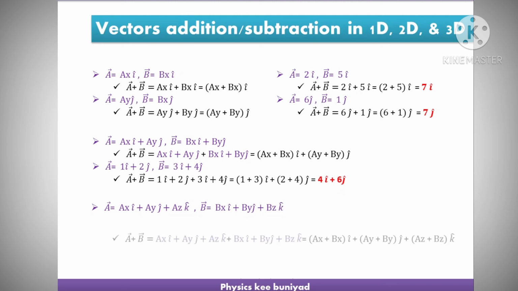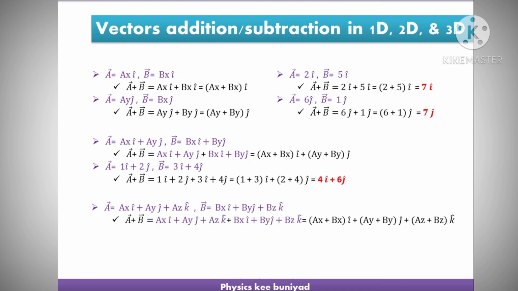Now if we add these two vectors, then we can write a plus b equal to ax i cap plus ay j cap plus az k cap plus bx i cap plus by j cap plus bz k cap. Now if we take the common i cap, j cap and k cap, then we can write ax plus bx into i cap plus ay plus by into j cap and plus az plus bz into k cap.